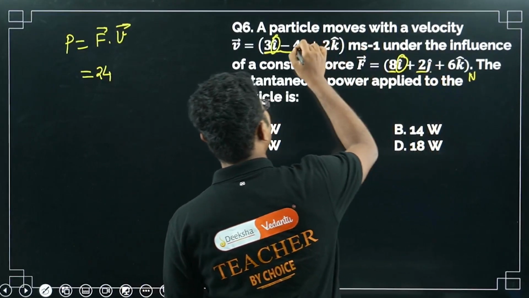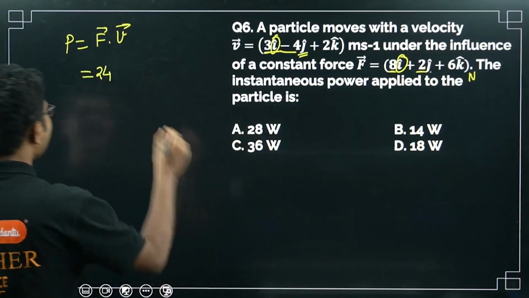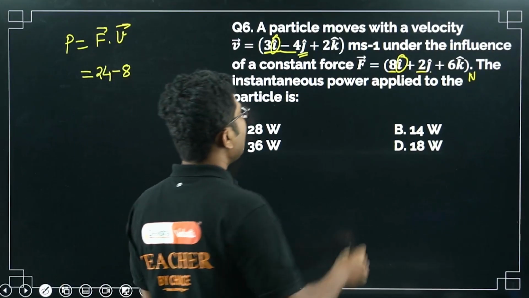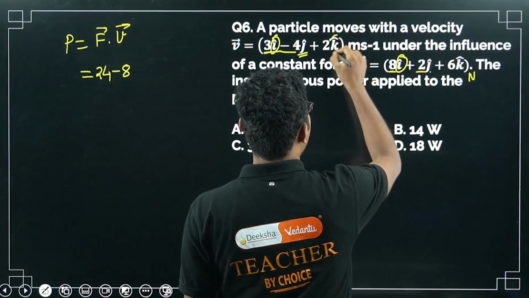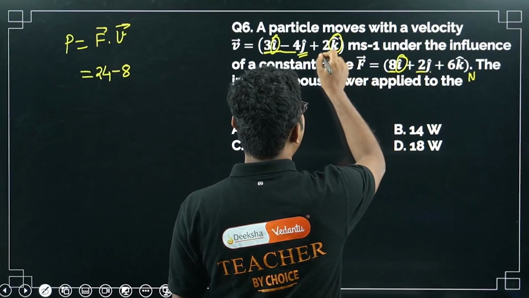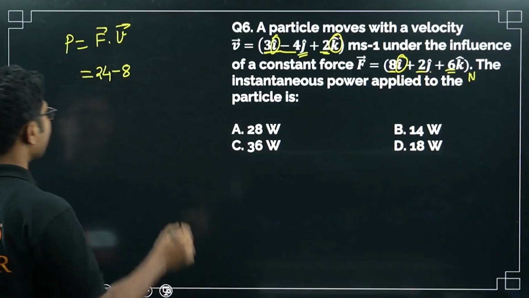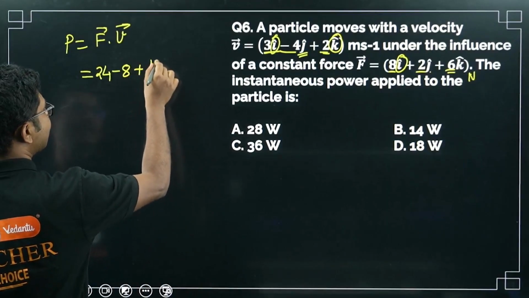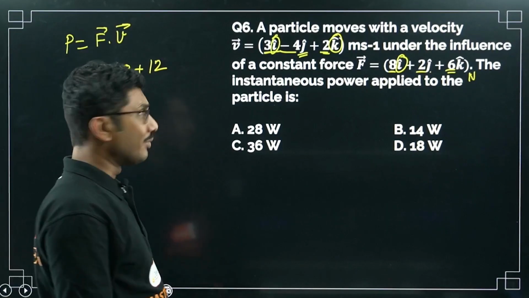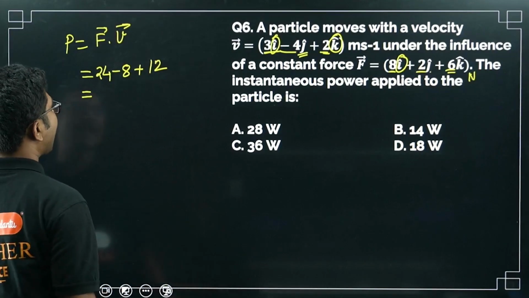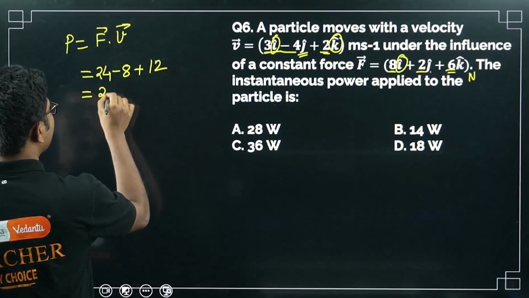So minus 4 times 2 is minus 8. Next is k cap, which is last. 2 here and 6 here. 2 times 6 is 12. Simple as that. Is it difficult? No, right? So you have to just simply do this and find the answer to be 28.